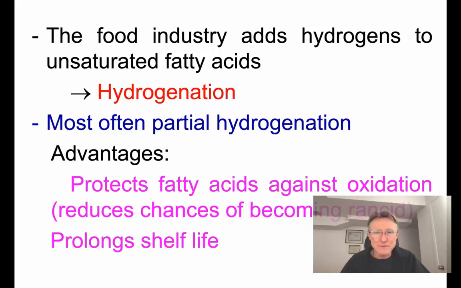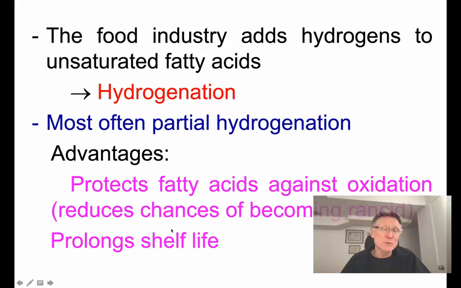Rancid meaning that the fatty acid has gone bad. So the taste is not good anymore, and it's not recommended for consumption, because the taste changes so much that it becomes really impossible to consume. But if instead of using regular fatty acids, you use trans fatty acids, you protect them from oxidation, and therefore you prolong shelf life.